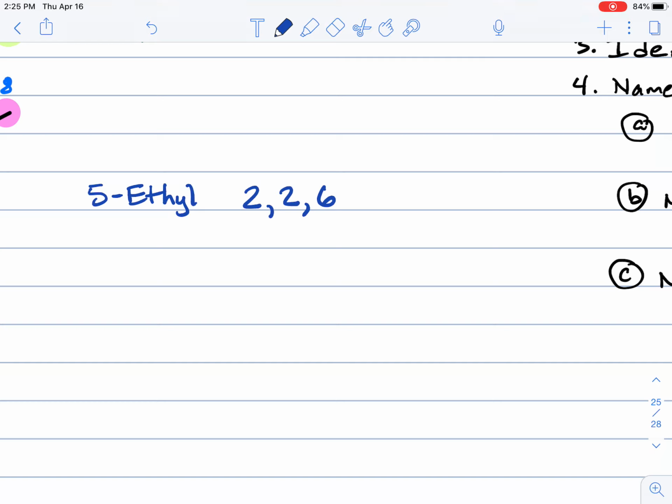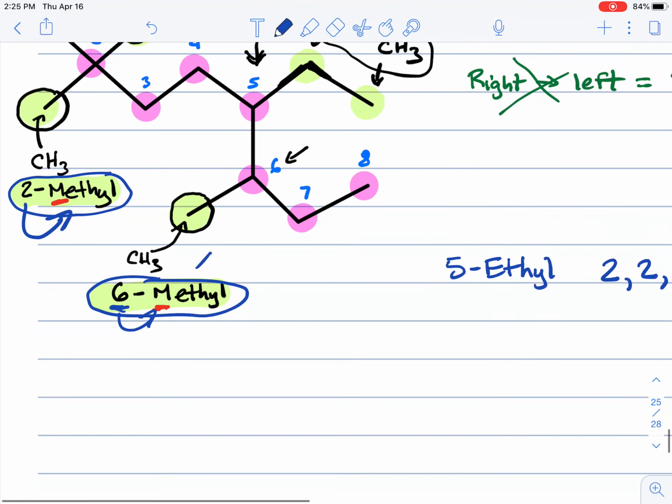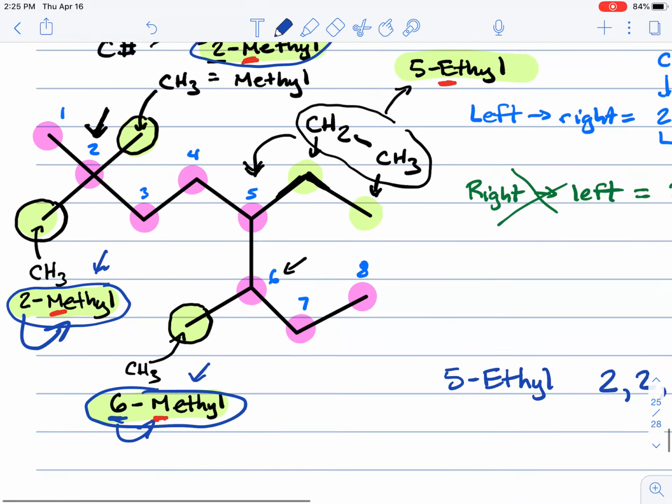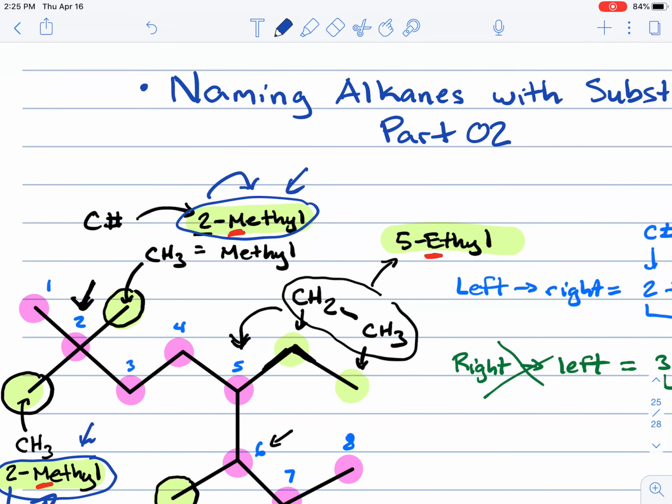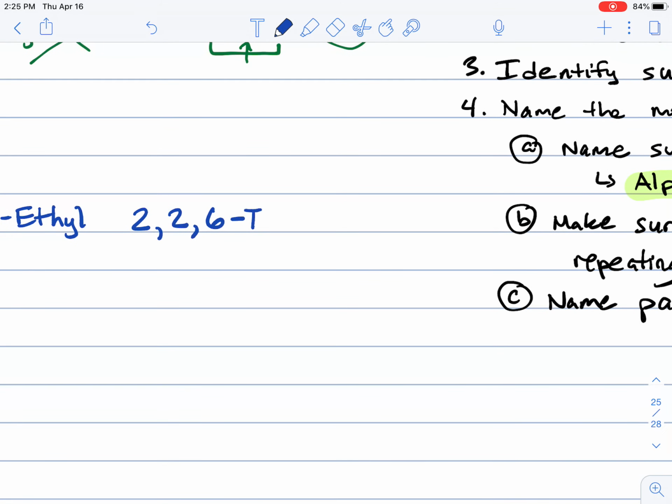And since now we're going from a number to a letter, we're going to put a dash. So real quick, sorry. We have 1, 2, 3 methyl groups. So since we have 3 methyl groups, we're going to say trimethyl.